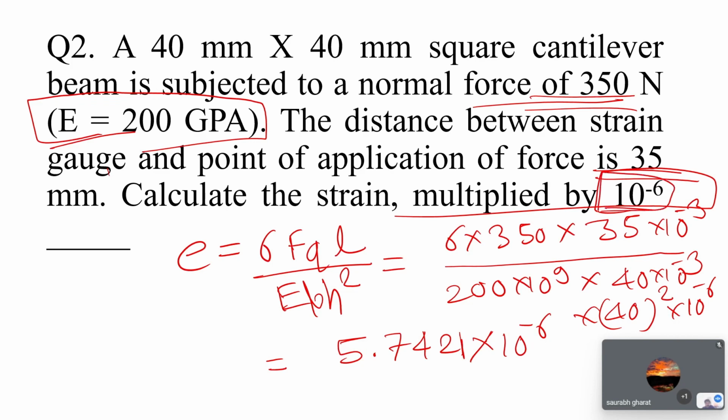10 raised to minus 6 multiplied by 10. So you have to put just this answer, because in the question they have mentioned that it must be multiplied by 10 raised to minus 6. What is your answer? 5 raised to minus 6 will be your answer.